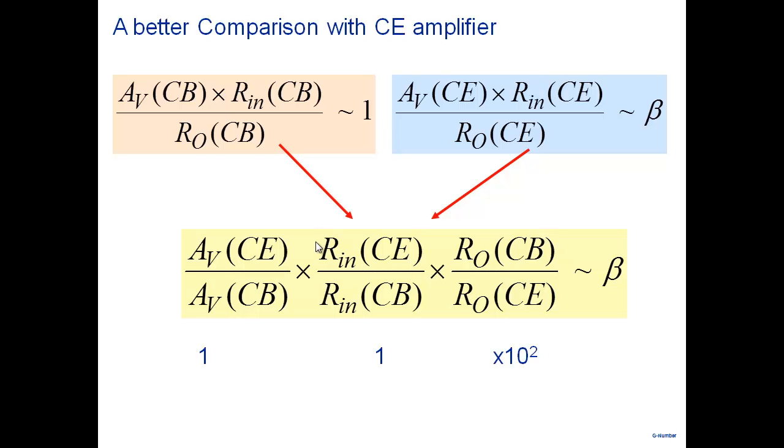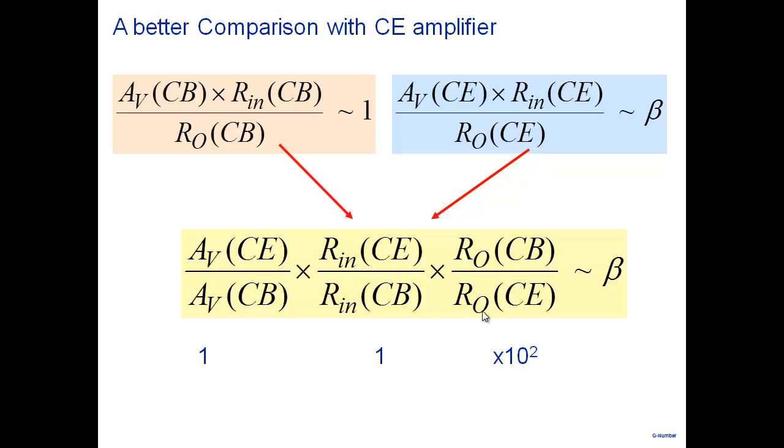So, are there any advantages of common base? If you look at AV, Rin, and Ro, what we are saying is that in terms of gain, input, and output resistance, a common emitter amplifier is always superior, because remember, for a voltage amplifier, what is it that you need? High gain, high input resistance, and low output resistance.